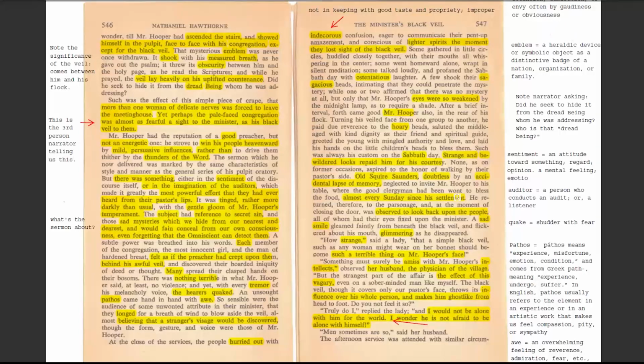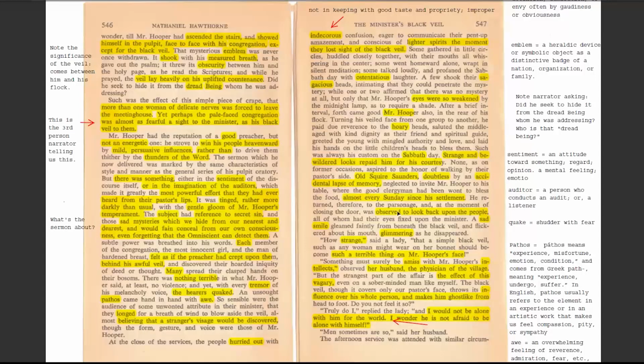So the third person narrator said old Squire Saunders forgot due to an accidental lapse of memory. Is that true? The narrator says it's true, so it must be true. But even if it's not, maybe the narrator has his tongue in his cheek. But he forgets to ask him to dinner.